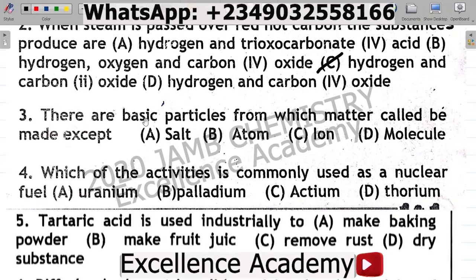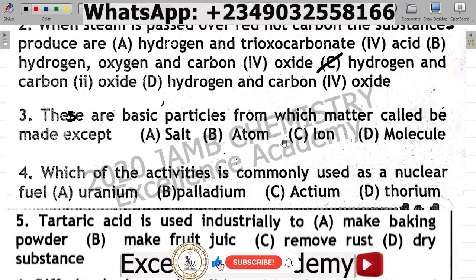Question number 3 says these are basic particles from which matter can be made, except A, salt, B, atoms, C, ions, D, molecules.